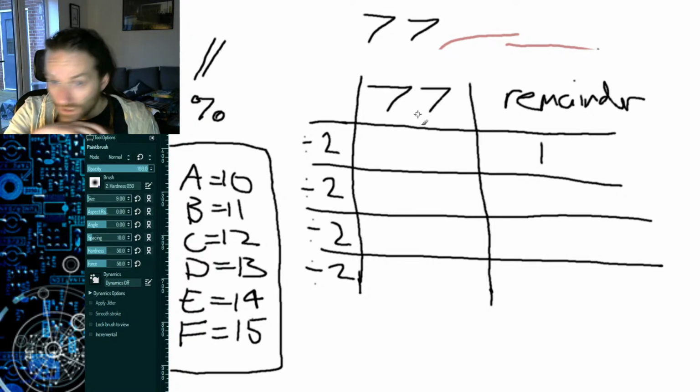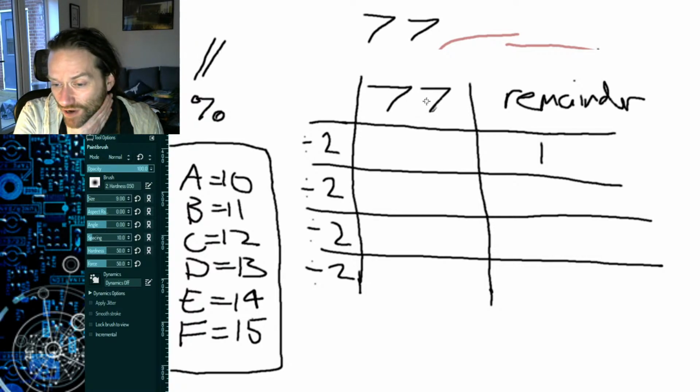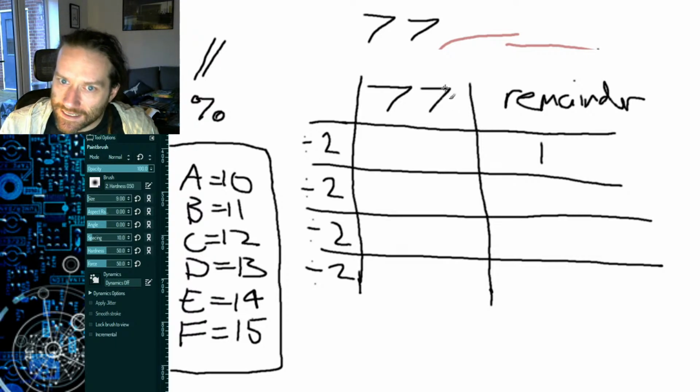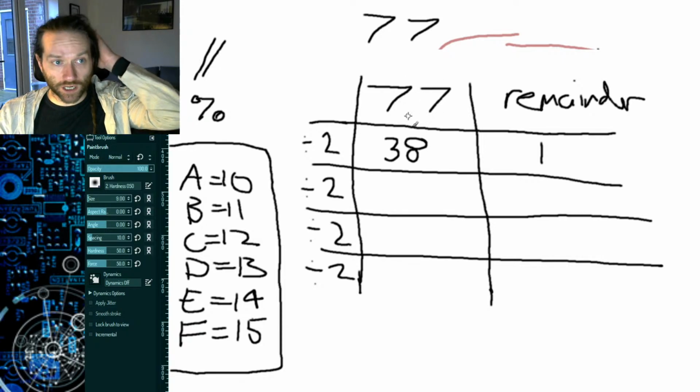So what I now need to do effectively is 76 divided by 2, which is 38. 7 divided by 2 is 3, remainder 1, and 16 divided by 2 is 8, so 38. Now we're not done yet, we're going to keep on trucking.